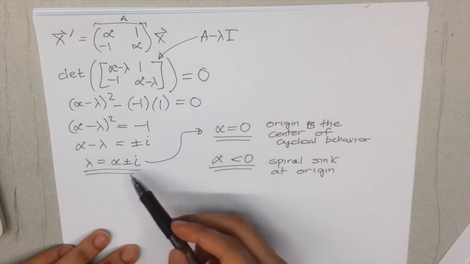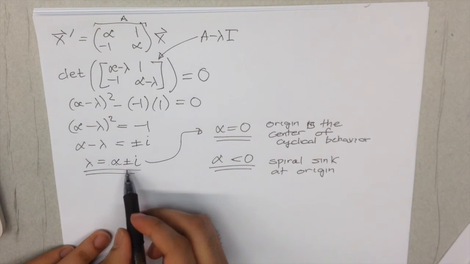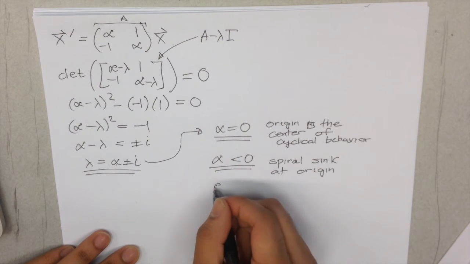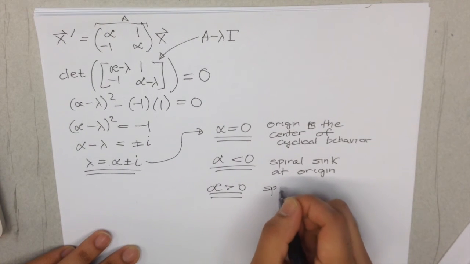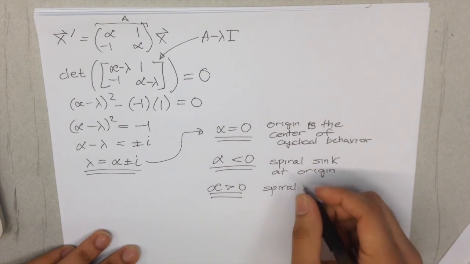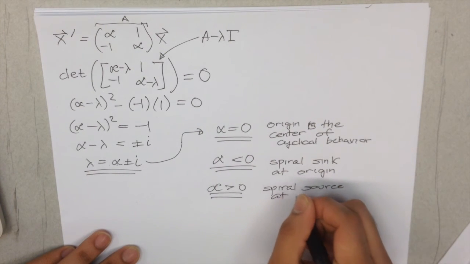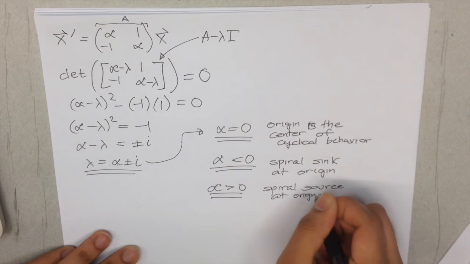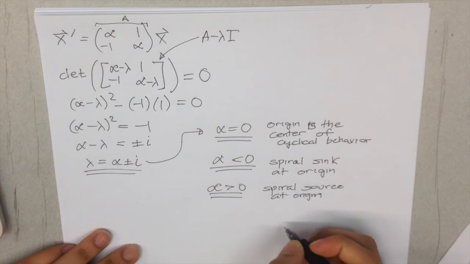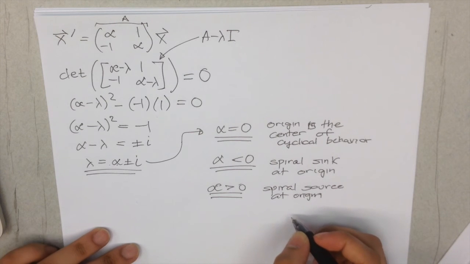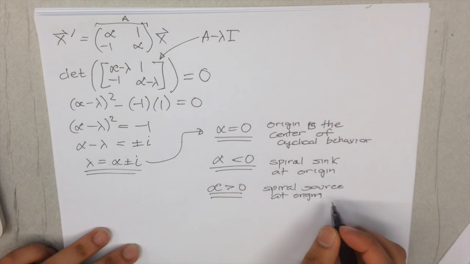So our solution will approach the origin in that solution. If alpha is greater than 0, then we have a spiral source. And all this is saying is that if we start near the origin, just a little bit away from the origin, our solution will spiral away from the origin from that point.